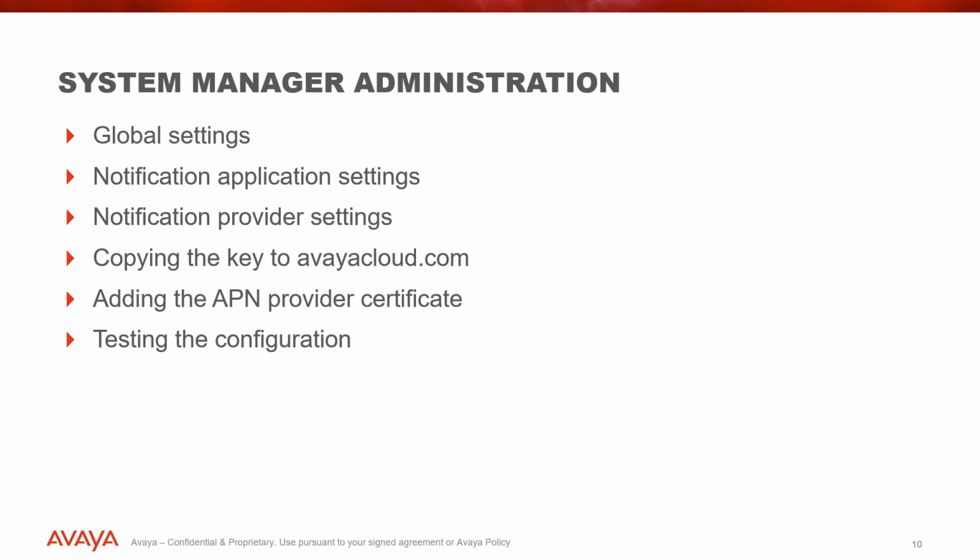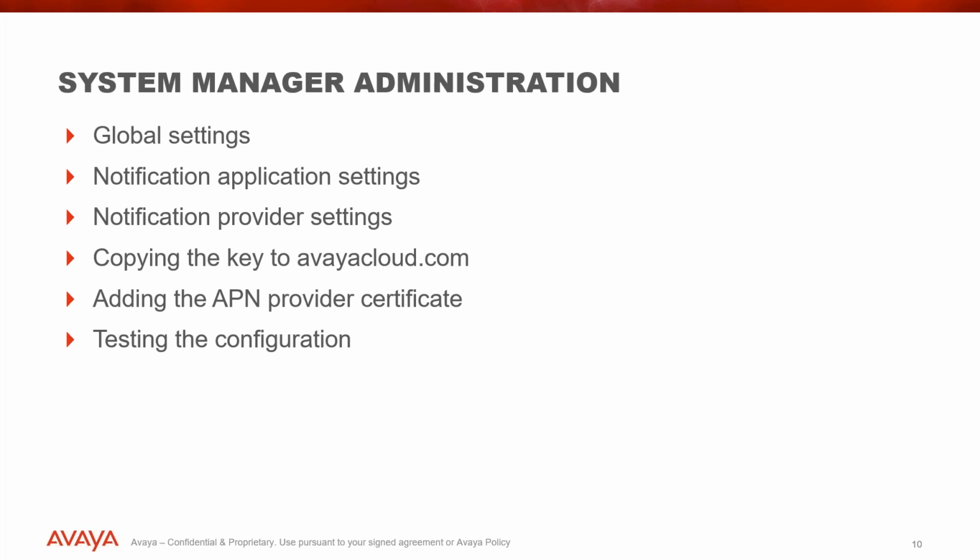You'll have to log into your Avaya cloud account and copy a key there so that the Avaya push notification provider knows who you are. You'll have to add a certificate so that the Session Manager can set up a TLS connection to the APN provider. And then finally, you're going to want to test your configuration.